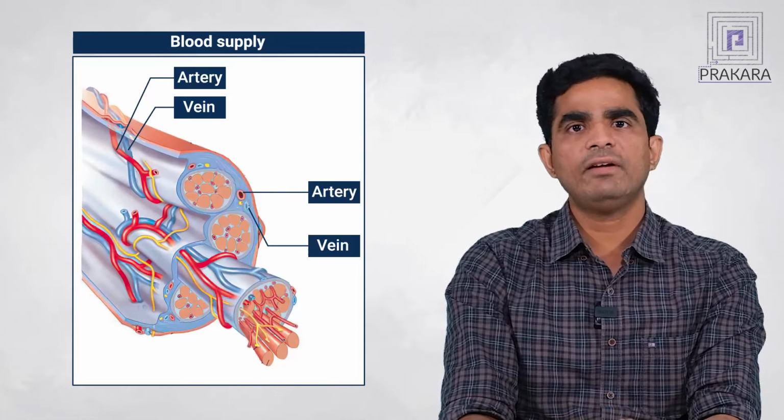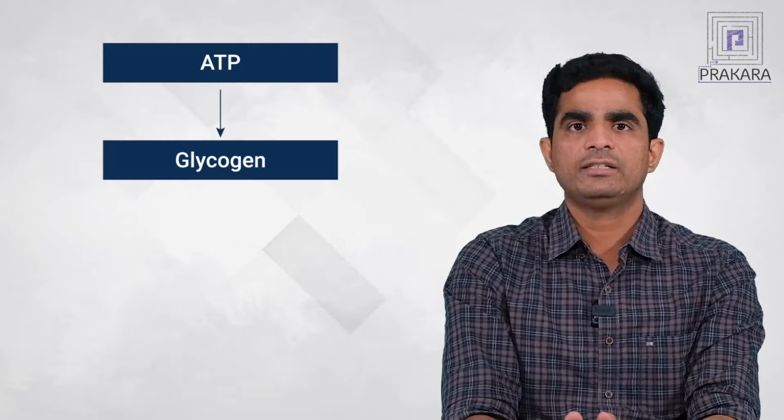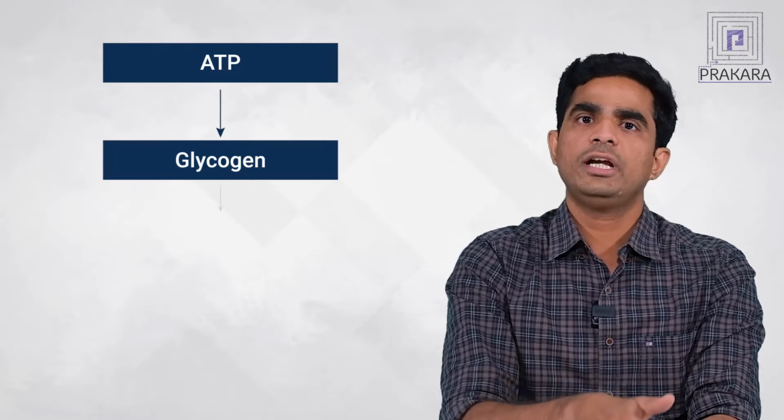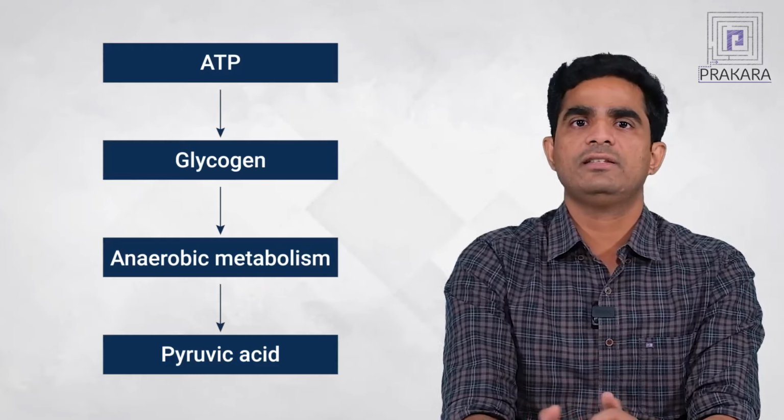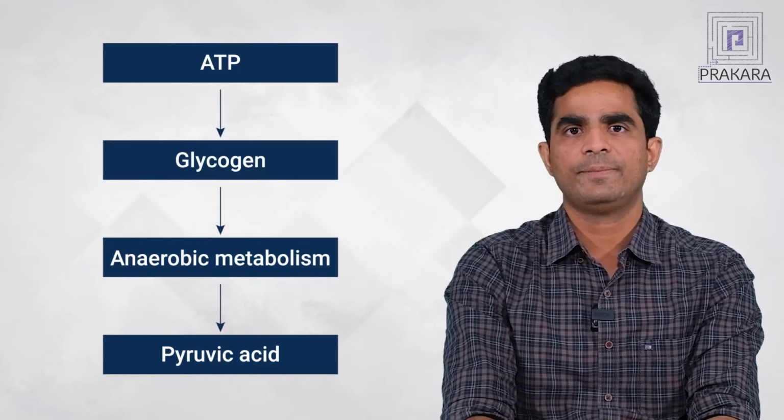If oxygen is available, then the muscle goes into the aerobic type of metabolism, and if oxygen is not there, then the muscle goes into anaerobic type of metabolism, wherein the muscle takes ATP from the reserve. That means the glucose which is present already in the skeletal muscle in the form of glycogen is broken down and it is subjected to anaerobic metabolism where pyruvic acid is formed, giving energy for the muscle contraction.